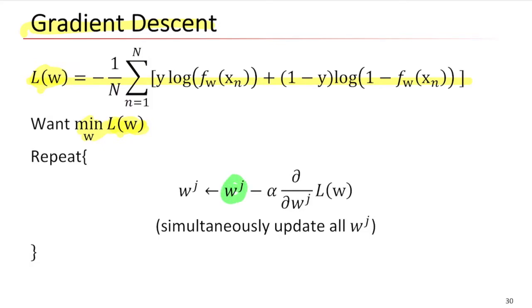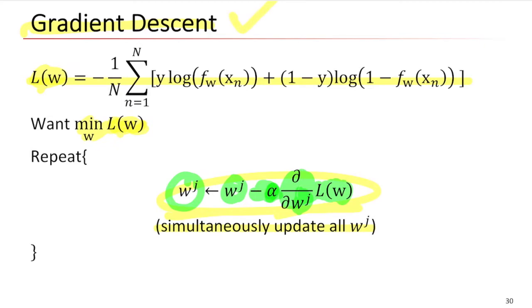So the previous w_j is updated by subtracting the learning rate alpha times the gradient of L(w) with respect to w_j. So this will be the new w_j. This one step is simultaneously updated for all w_j. So this is gradient descent for logistic regression.